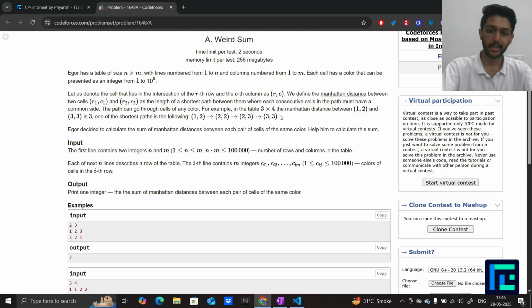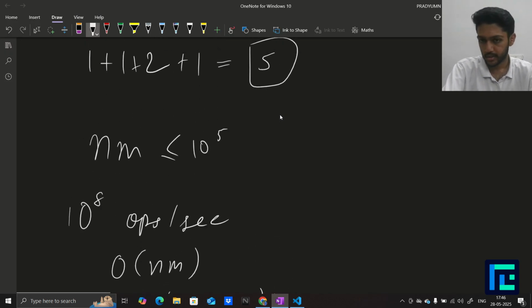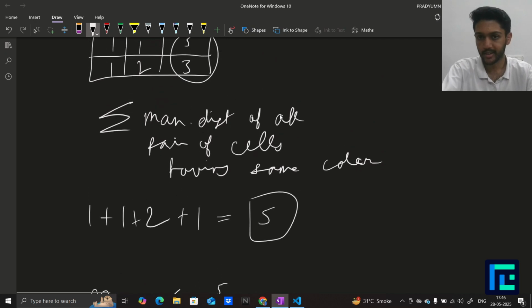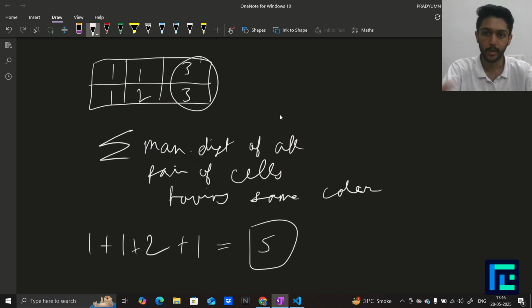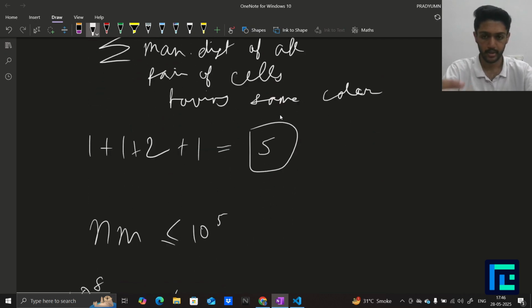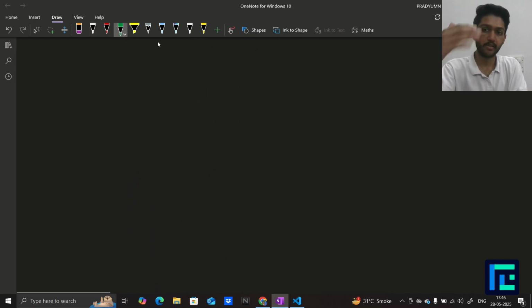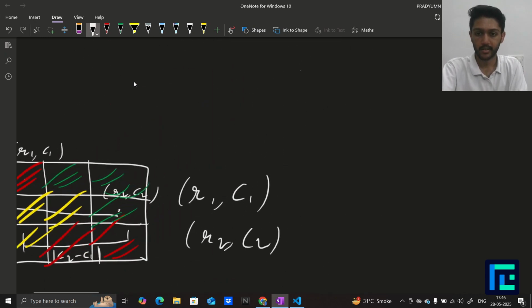Alright, so I am assuming that you have tried to solve the problem by yourself and now you want a solution. Alright. So first of all, the thing that we can notice is that we want the sum of all pairs for all the colors, right? So we can find out the answer for each color individually. Like here we had these cells, right?